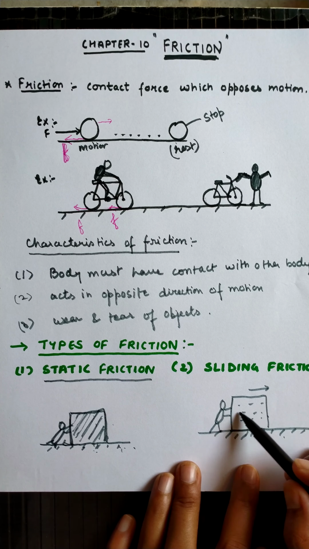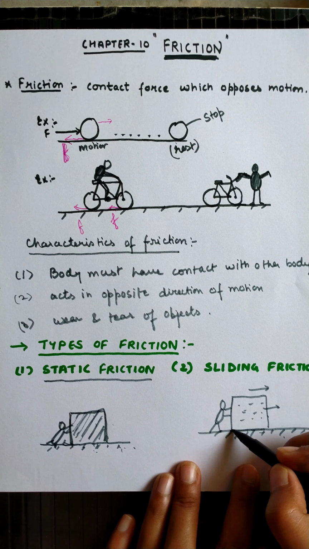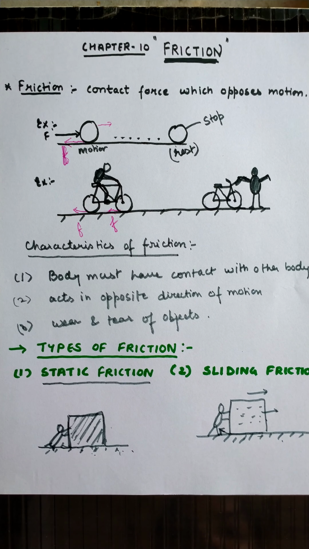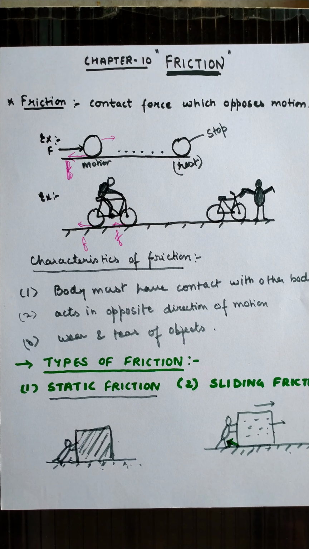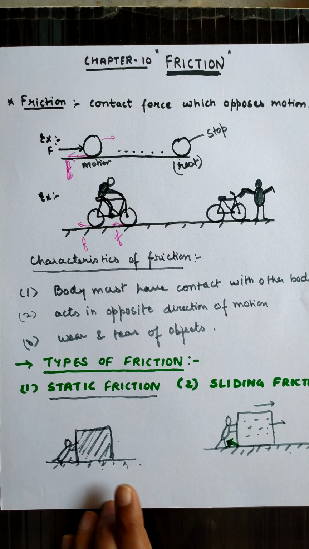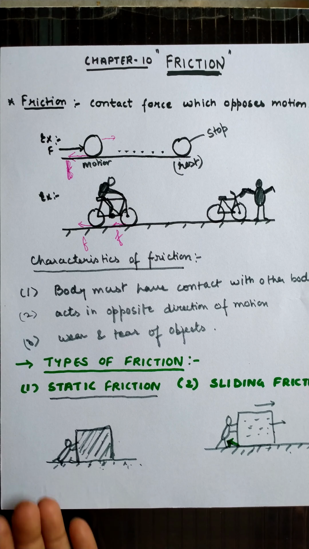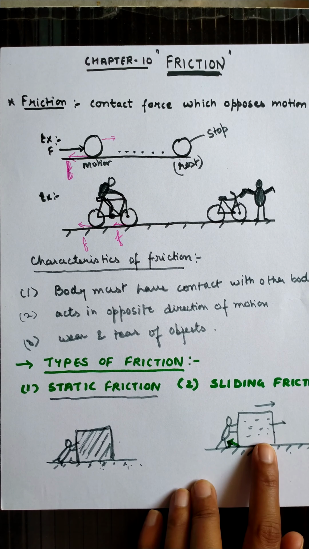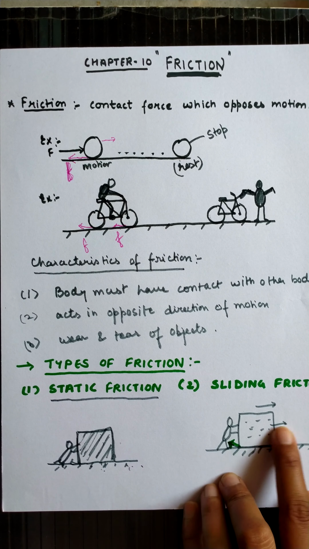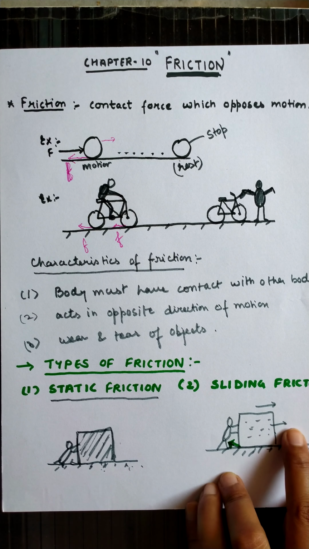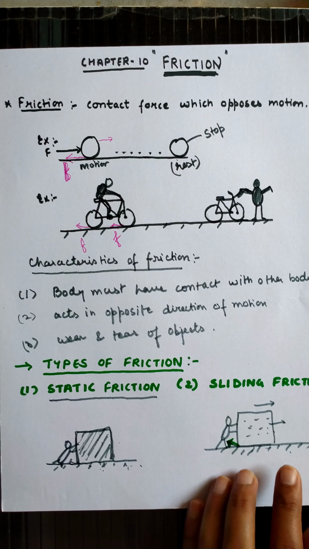So at that time, if the block continuously keeps sliding with the same speed on the surface, the friction force in the opposite direction of the motion is called the sliding friction. The value of static friction is always greater than the sliding friction, because it is very easy to keep a moving object moving. It was already moving, so when we apply force it stays in continuous motion. But an object already at rest needs more force to move.